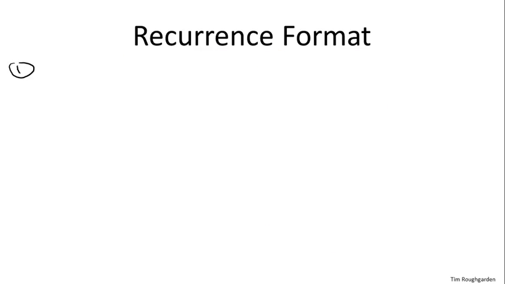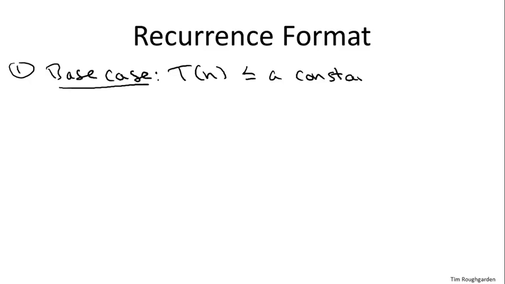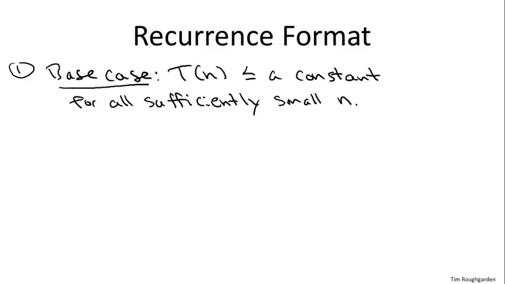There's the relatively unimportant but still necessary base case step, and we're going to make the obvious assumption, which is just satisfied by every example we're ever going to see in this course, which is that at some point the input size drops to a sufficiently small amount, then the recursion stops and the subproblem is solved in constant time. Since this assumption is pretty much always satisfied in every problem we're going to see, I'm not going to discuss it much further. Let's move on to the general case where there are recursive calls.